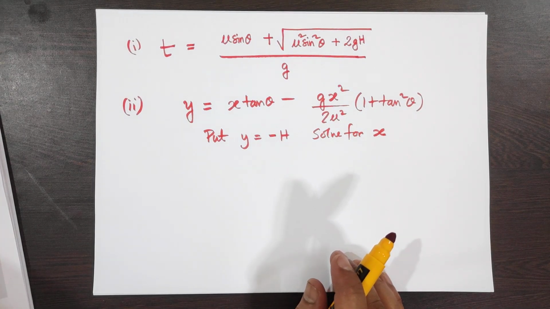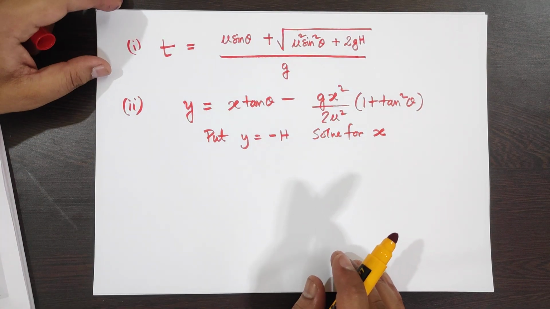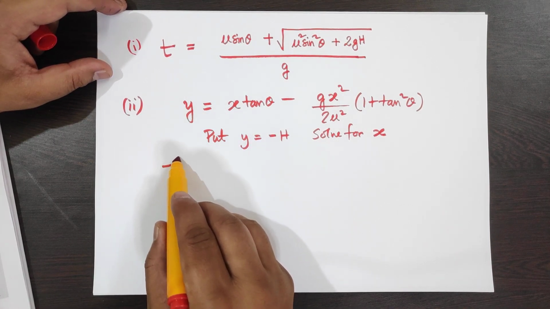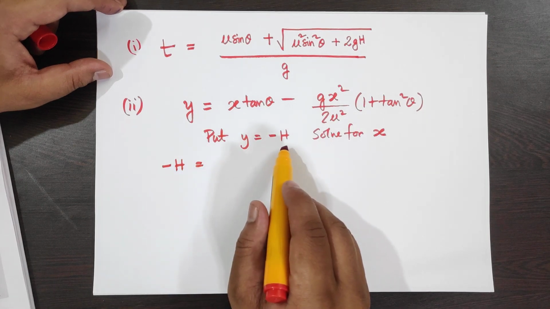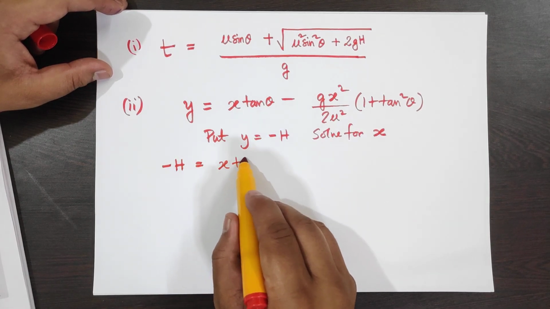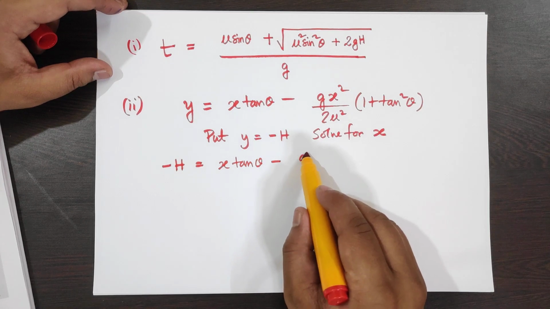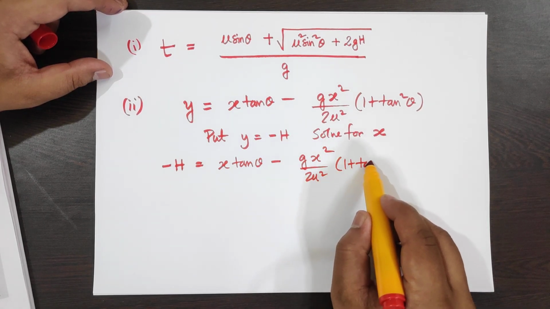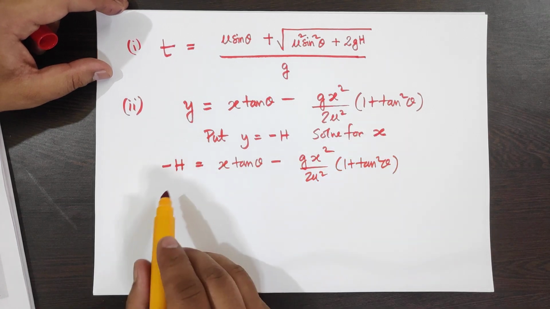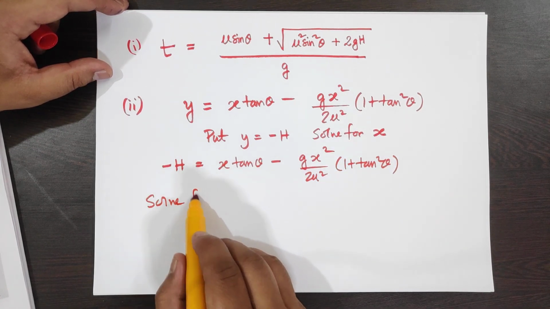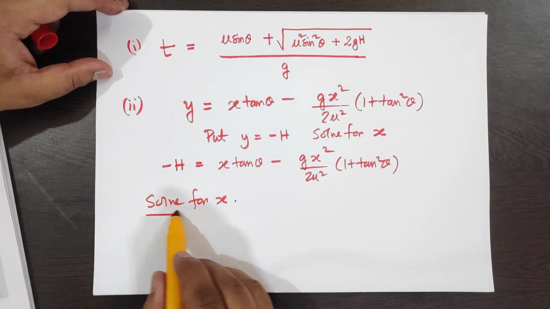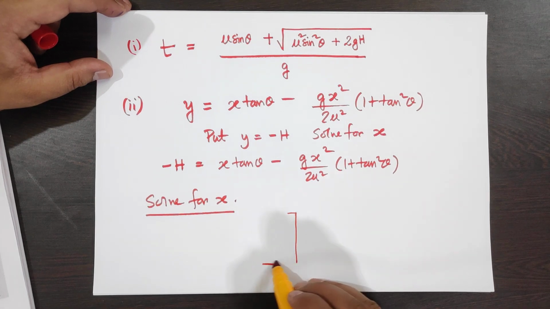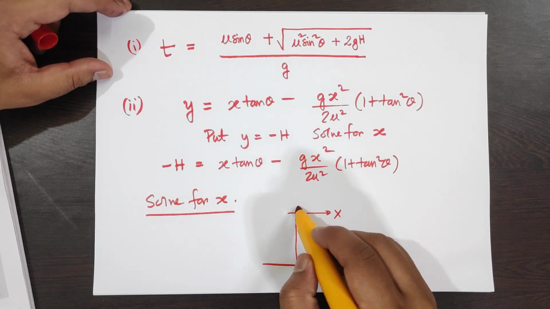See, it may be a tedious job, but still okay. So minus h equal to x tan theta minus gx square by 2u square into 1 plus tan square theta. So solve for x, there will be two values. See, this is quite logical to have two values, because of the coordinate system I have chosen, x and y.